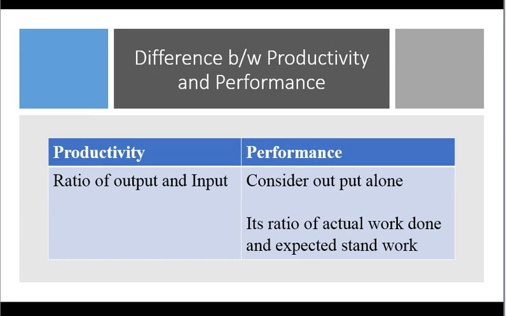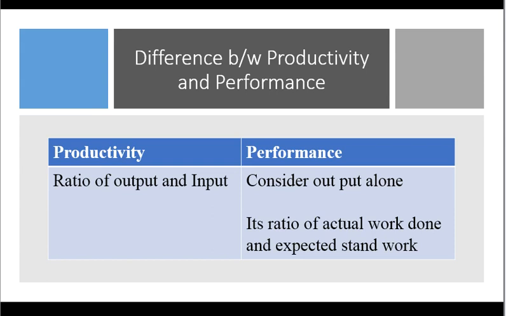That means the output power is more compared to the Splendor Plus. So you can say the performance of Pulsar 220 is more compared to the Hero Honda Splendor. So their performance is high.